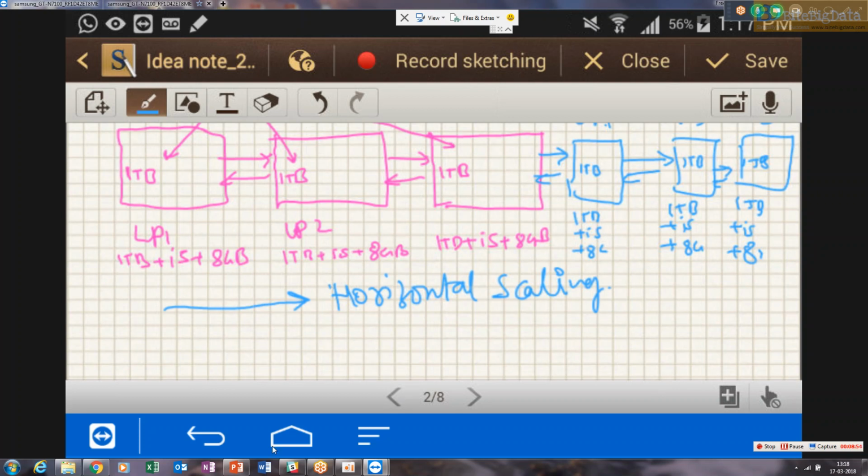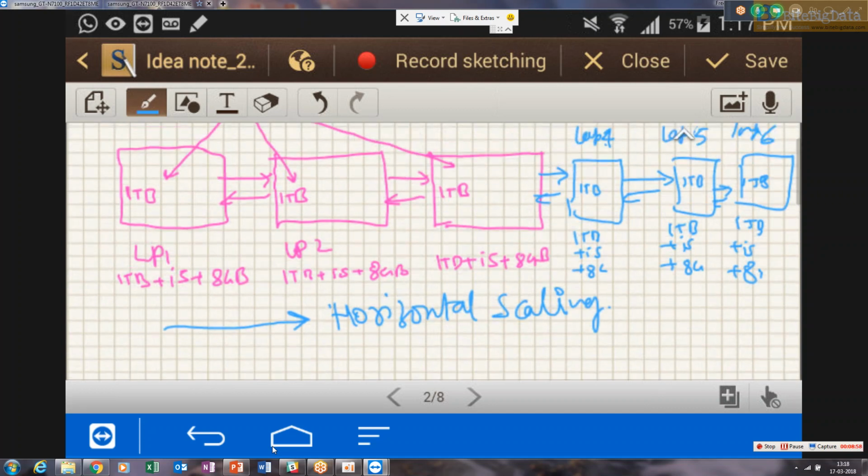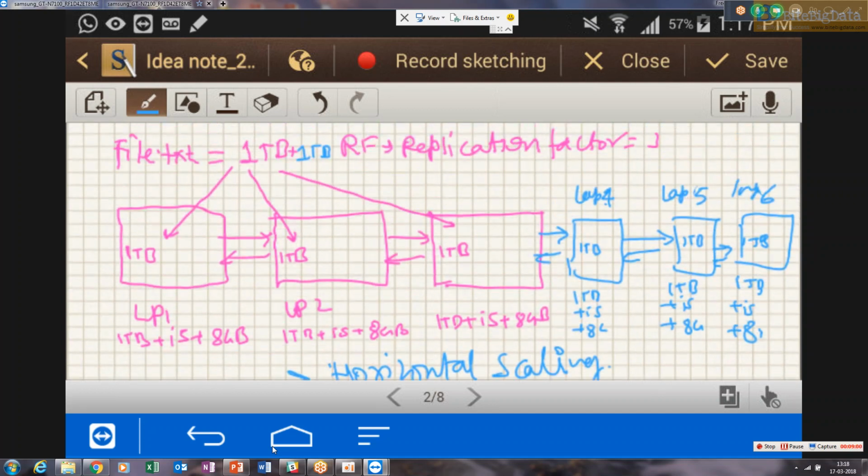So this is what is called horizontal scaling, and this is the approach that most big data solutions will provide you. No matter if it is Hadoop or Spark, you can go with any one, and you will definitely get this kind of scalable solution.